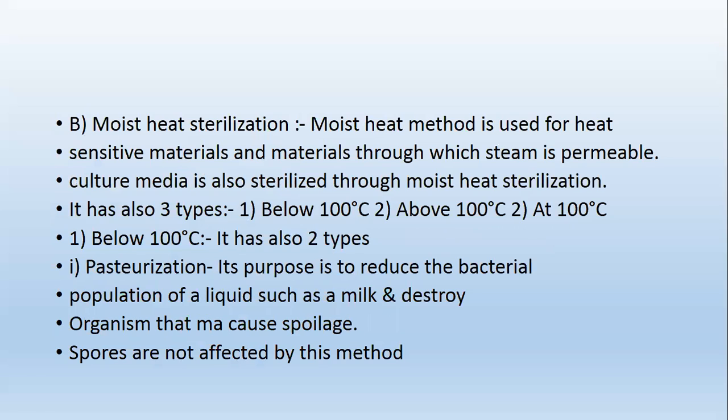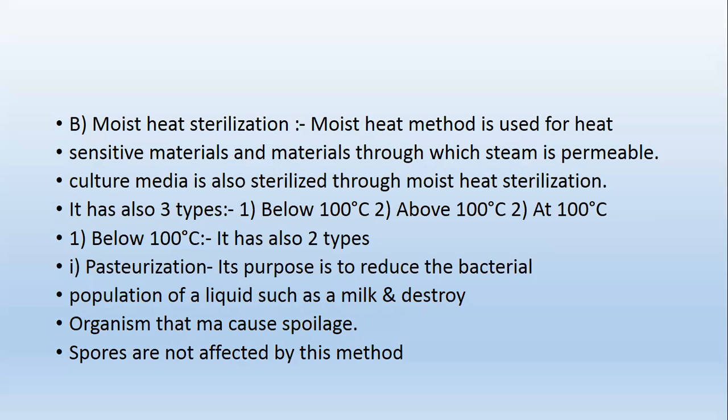Second method, moist heat sterilization. Moist heat method is used for heat sensitive material and materials through which steam is permeable. Culture media is also sterilized through moist heat sterilization. It has three types: below 100 degrees, at 100 degrees, and above 100 degrees.